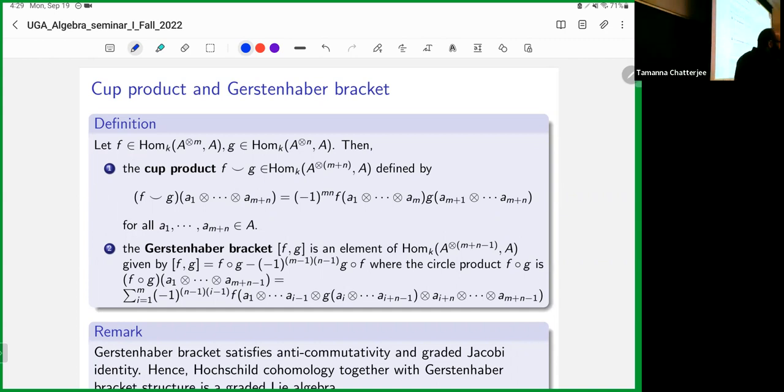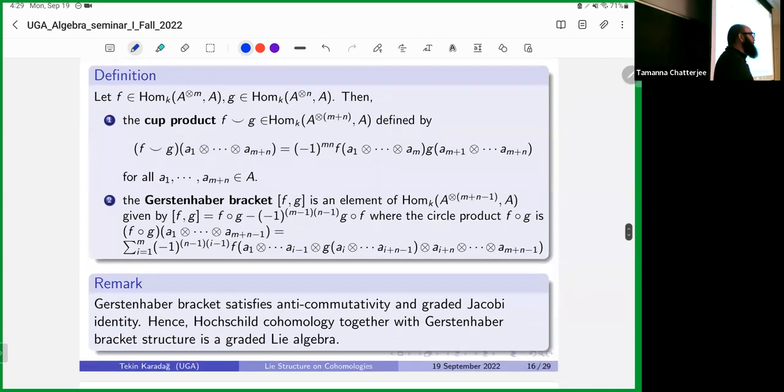All right. So now we construct Hochschild cohomology again, and I want to give you the exact structure of two operations. The first one is from the previous slide, but the other one is the cup product. The cup product takes an element in M and an element in N, and sends them to an element in M plus N. It is defined this way, and this makes Hochschild cohomology an associative algebra.